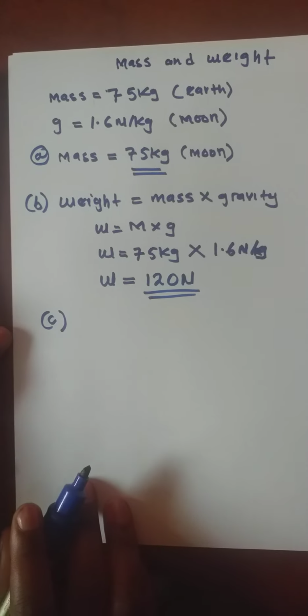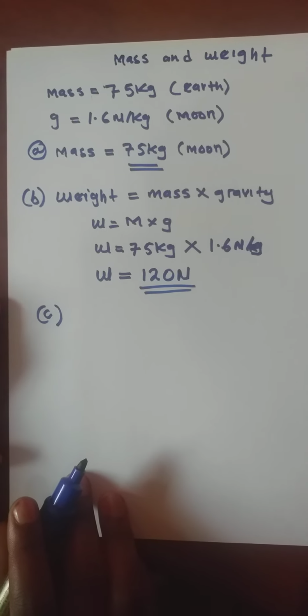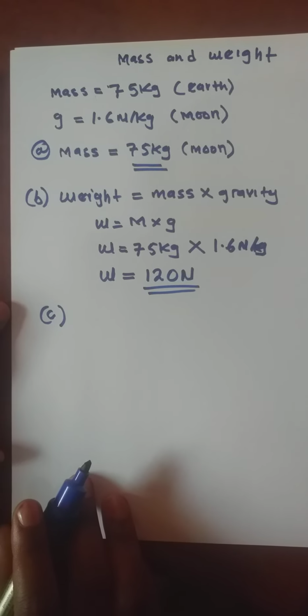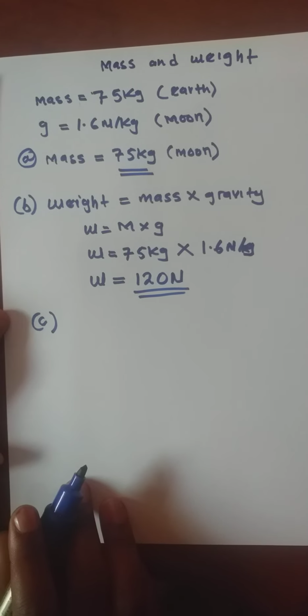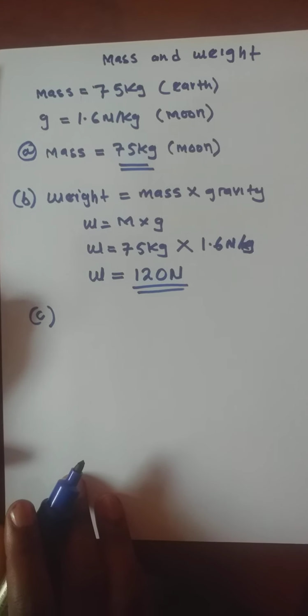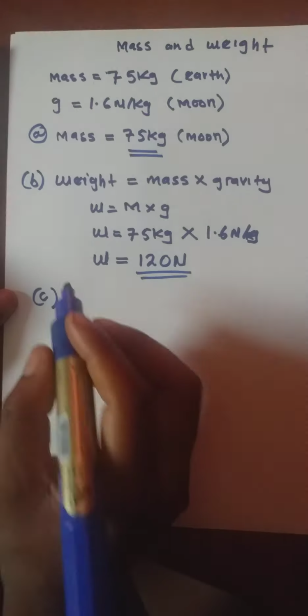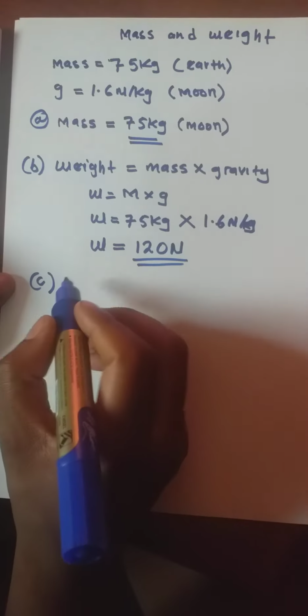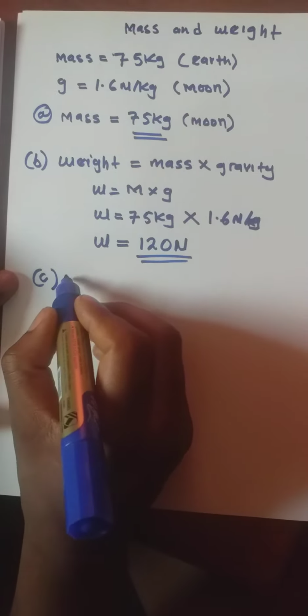Part C asks us to give two differences between mass and weight. To differentiate, we first begin with the definition.